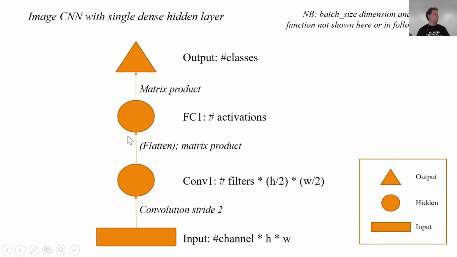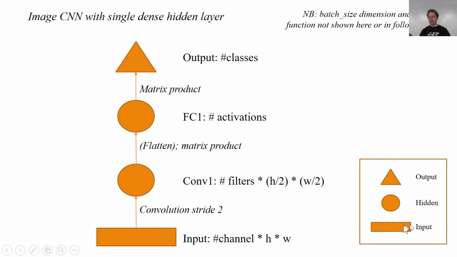We'll talk next week about the main way we do that nowadays, which is adaptive max pooling, where we average across the height and the width and turn that into a vector. Anyway, somehow we flatten it out into a vector. We can do a matrix product, or a couple of matrix products as we tend to do in fastai. That'll be our fully connected layer with some number of activations. The final matrix product gives us some number of classes. So this is our basic convnet.